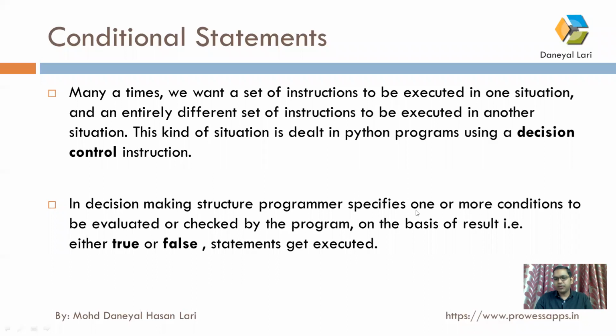On the basis of that result, and remember this one, that result must be a Boolean result, and we know that a Boolean can have only true or false. So on the basis of that result, either the true or false statements get executed. So look at the scenario, and then I'll discuss the conditional statements in Python.